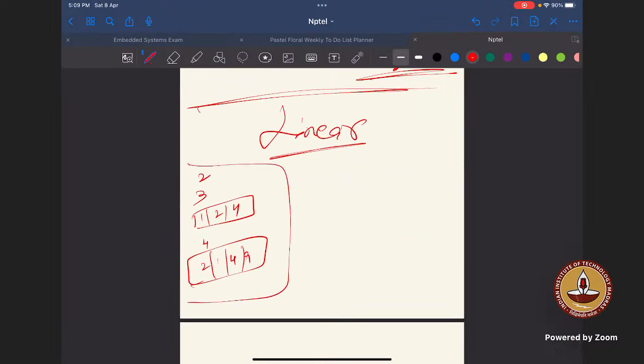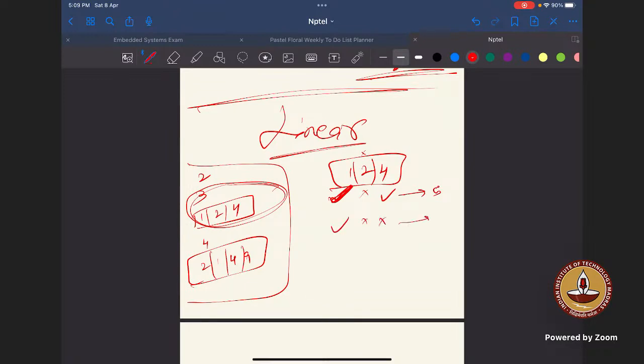Okay, so this is the thing. Consider this array 1, 2, 4. If I pick 1, I cannot pick 2. I can pick 4. So the answer will be 5, 1 plus 4. If I choose to not pick 4, the answer is 1.